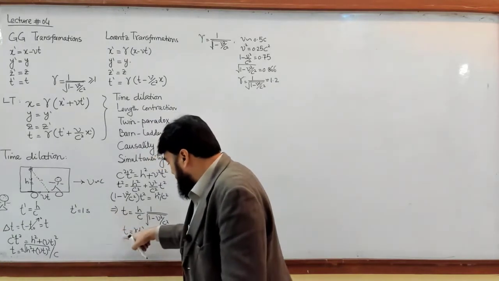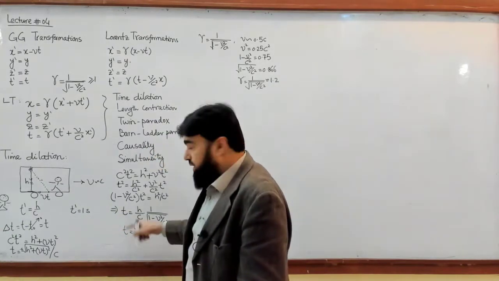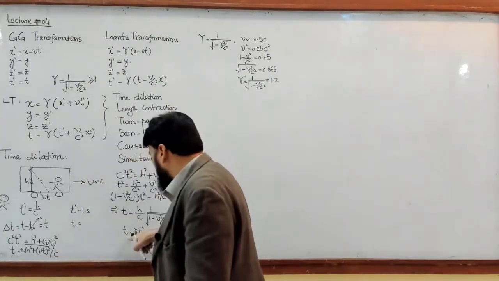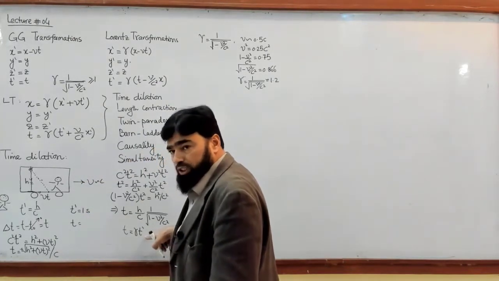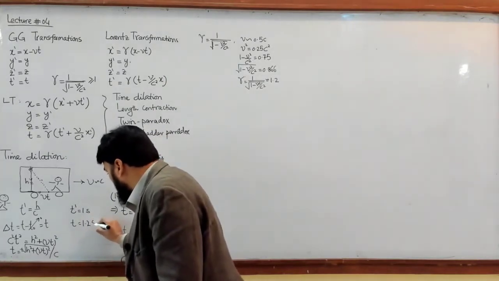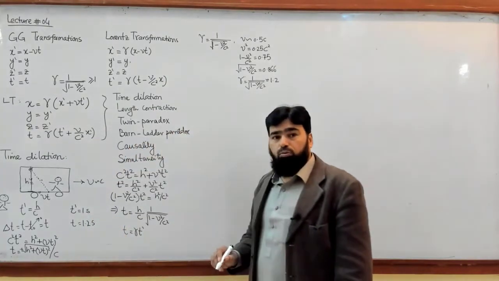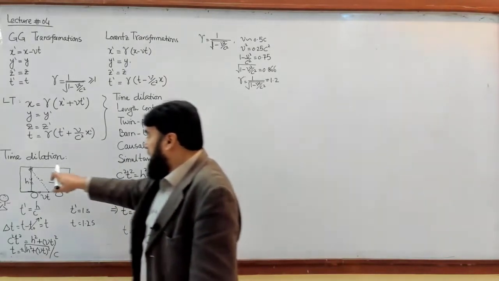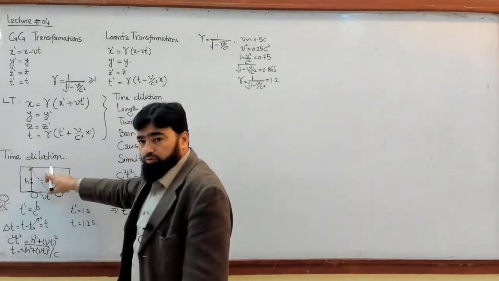What is the stationary frame seeing? The stationary frame is seeing t will be then equal to 1.2 times 1 second, and t is 1.2 second. 0.2 second more than the time observed by the moving frame.